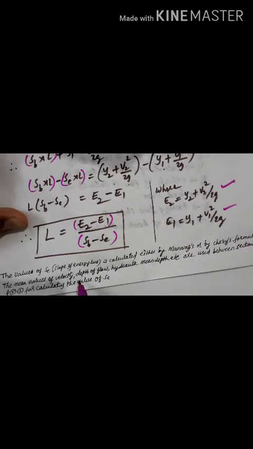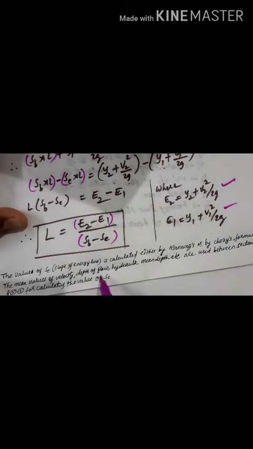Next, the value of slope of energy line, that is SE, is calculated either by using Manning's formula or by Chezy's formula. Okay, you have to use either Manning's formula or Chezy's formula. The mean values of velocity, depth of flow, hydraulic mean radius, etc. are used between sections 1-1 and 2-2 for calculating the values of SE.